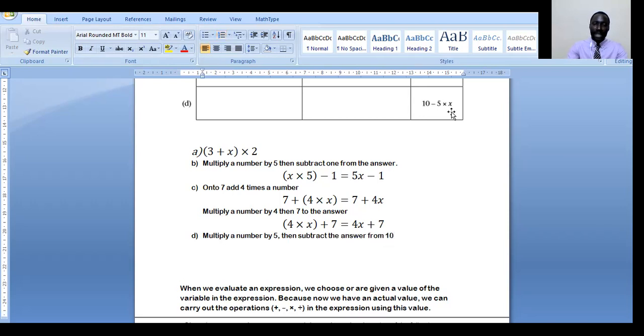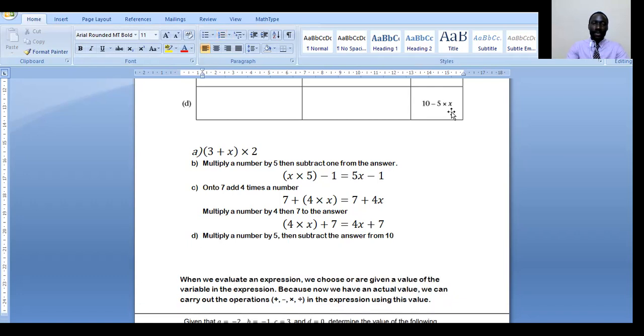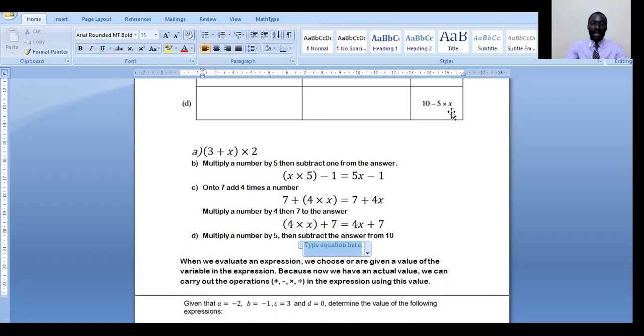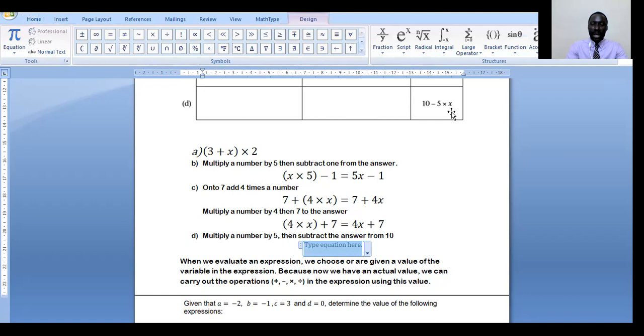What this means is that we have to multiply a number by 5. So you think of a number, then you multiply this number by 5. That's the first thing that we want to think of.